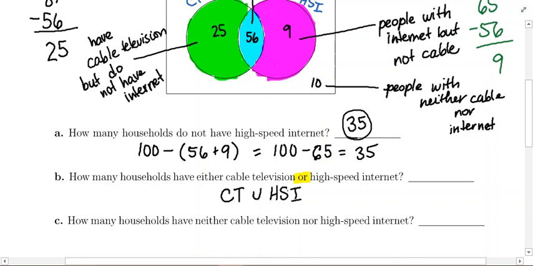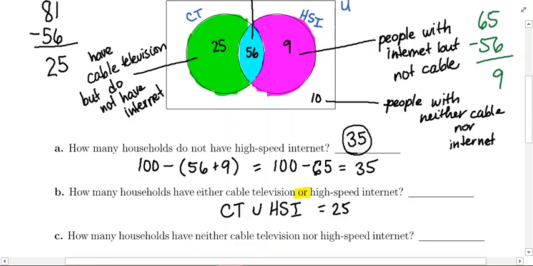Basically what that means is you fall into the category of either you have cable or you have internet, or you can have both. So we are unioning those two sets. To get the number, you're just going to add, you're combining the two sets. So it's going to be the green portion plus the blue portion plus the purple portion.